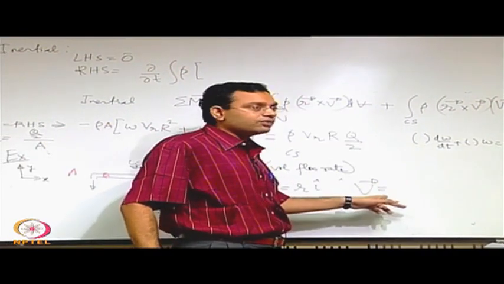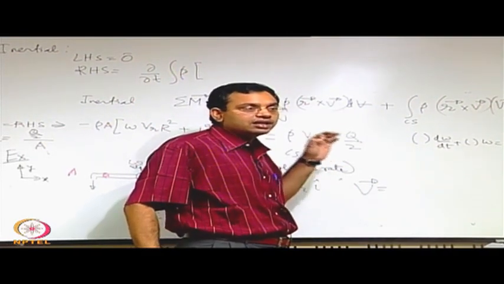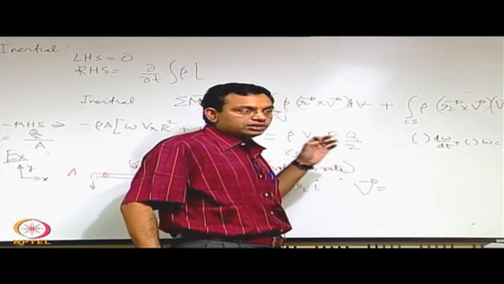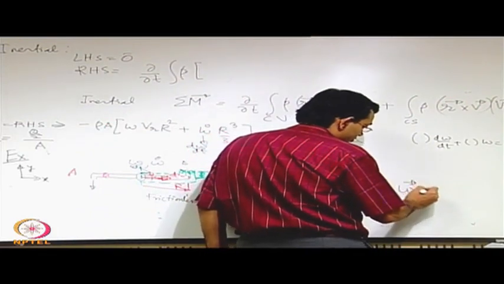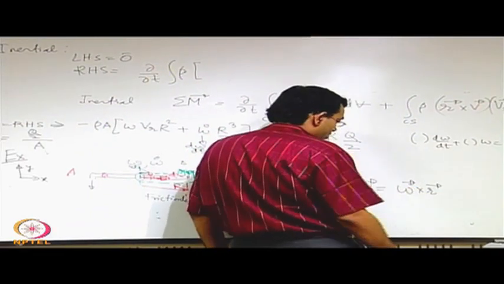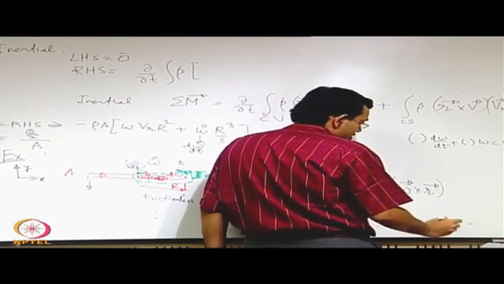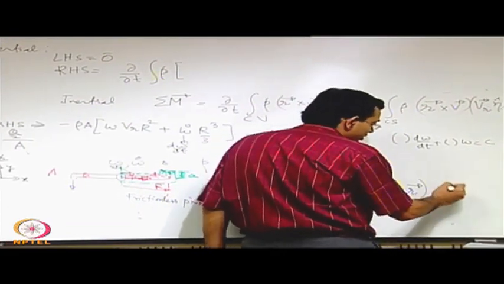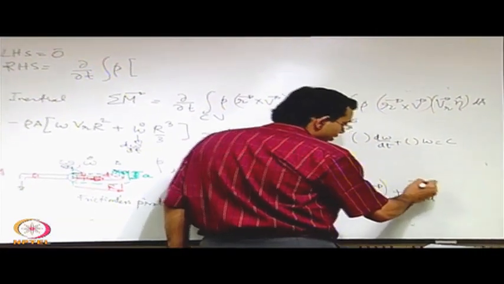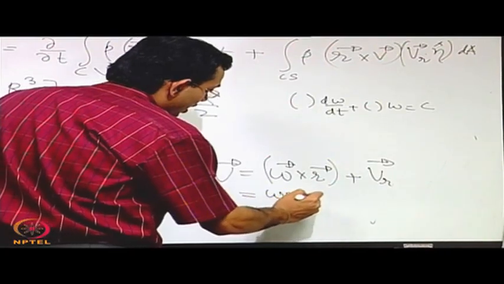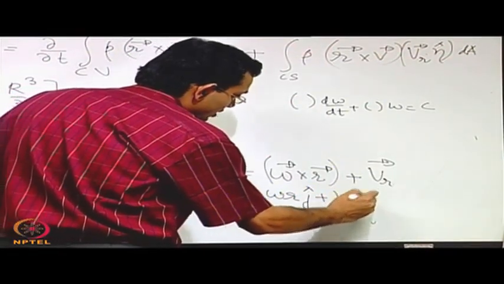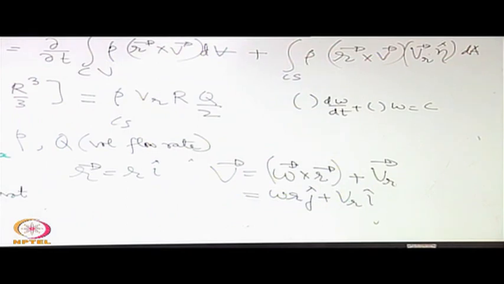What is the velocity of the solid at the coincident point at a radial location r? It is omega cross r. So this is the velocity of the solid plus the velocity of the fluid, V relative or Vr. So this is omega r j plus Vr i.